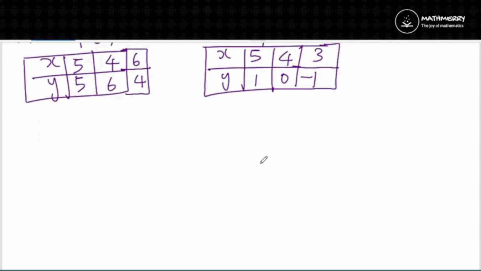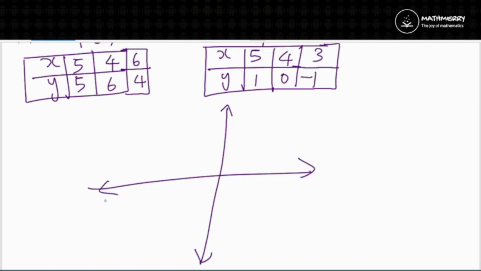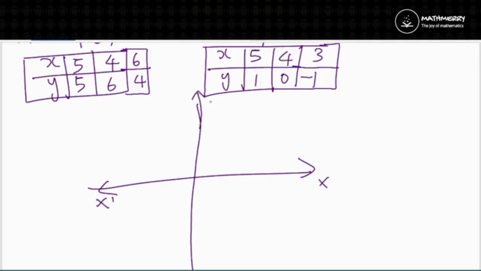Now we have to plot the graph. So this is our y-axis and this is our x-axis, x dash x and y dash y.